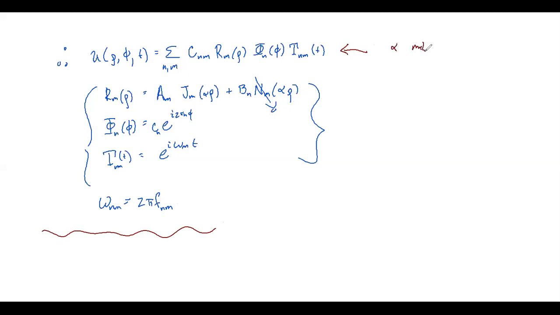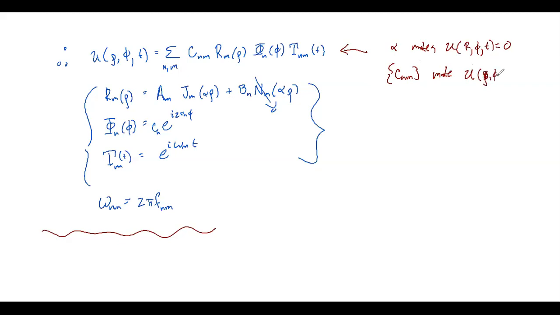The alphas make u(r, θ, t) equal 0, so they make you fixed to the rim of the drum. We already did the 2π n's. And the collection of coefficients C_nm makes sure that our initial conditions are met.